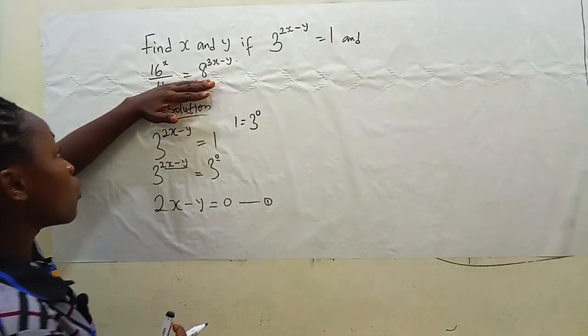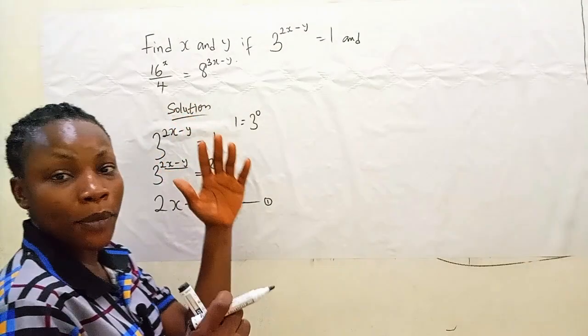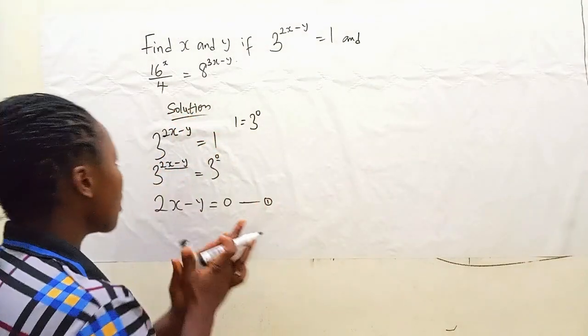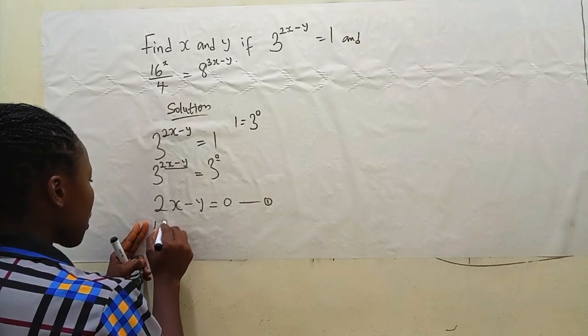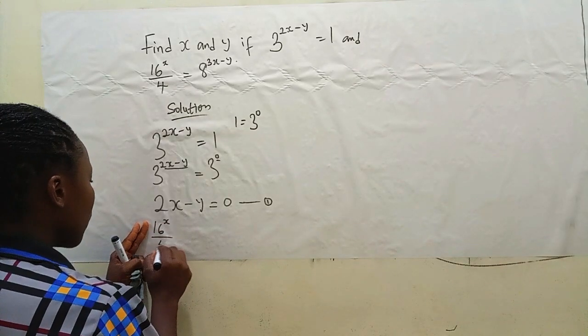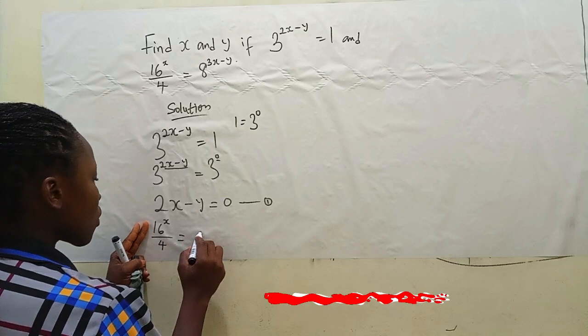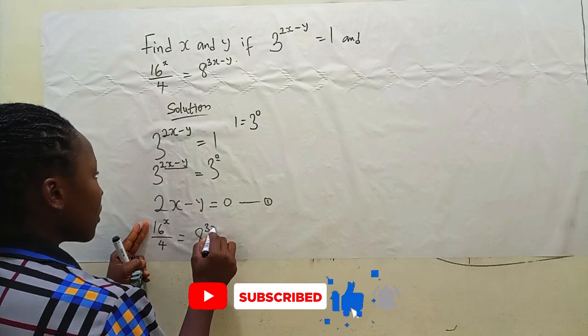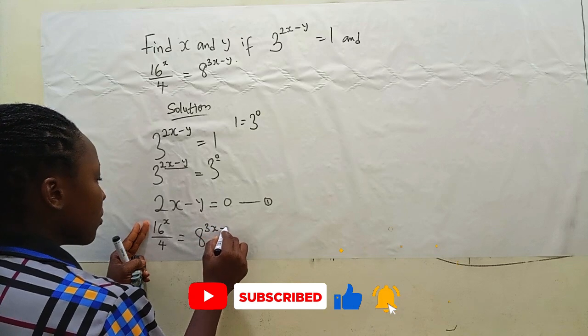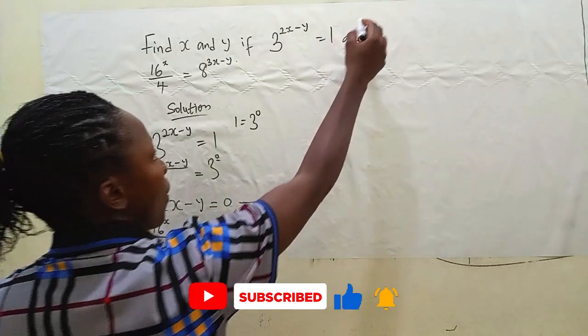Then for this one, we are expressing it in powers of 2. Alright, so here we're going to have 16 raised to power x over 4 equals to 8 raised to power 3x minus y.